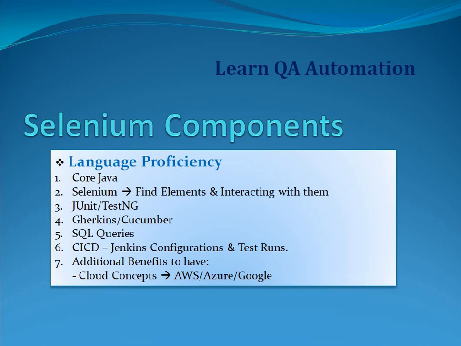CI/CD is again, you can get Jenkins installed on your local computer, and I have another video on how to configure Jenkins and run the test. But before even going to CI/CD, you need to have code ready, right? That code has to be integrated with some Git repository.